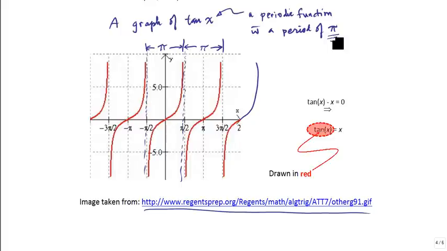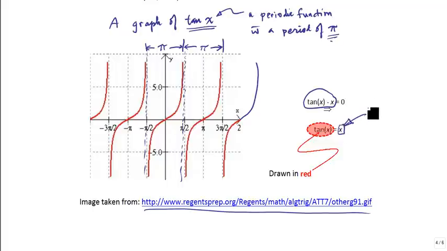Now, what we have in this figure here, drawn with the red curves, is the function tangent of x. But in our equation that we're trying to solve for x, this tangent of x minus x, let's now graph the value of x.